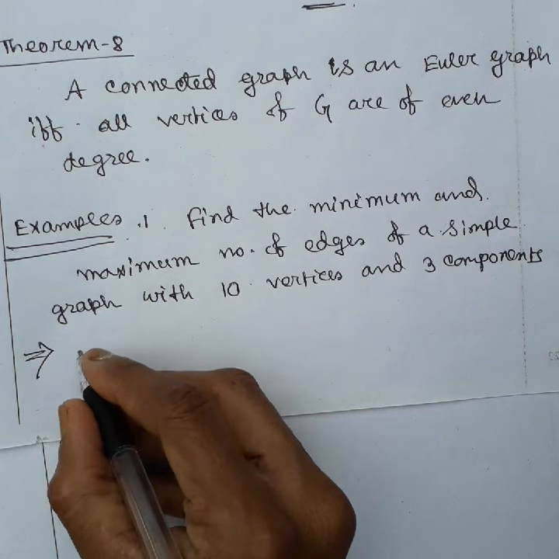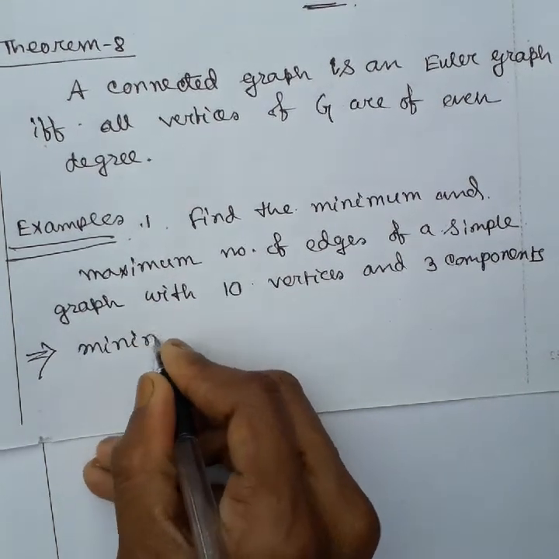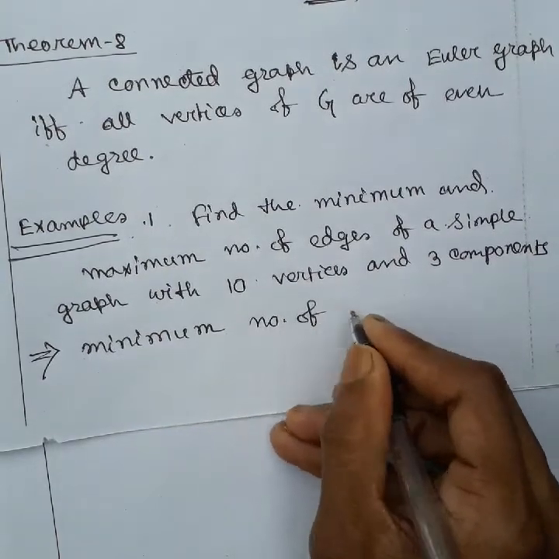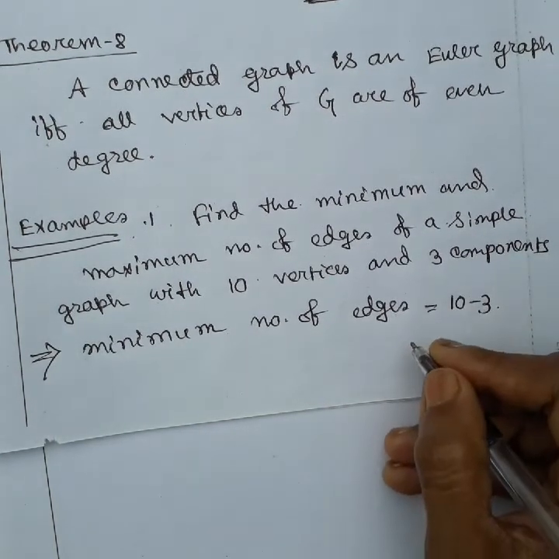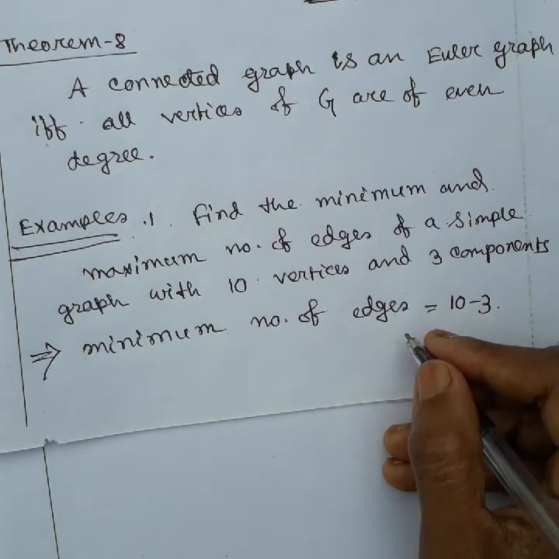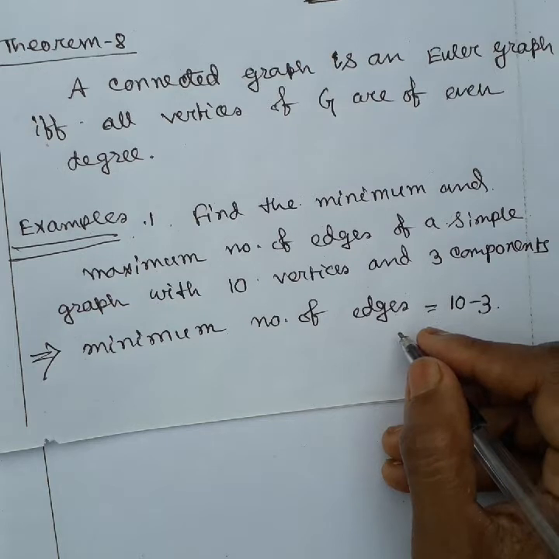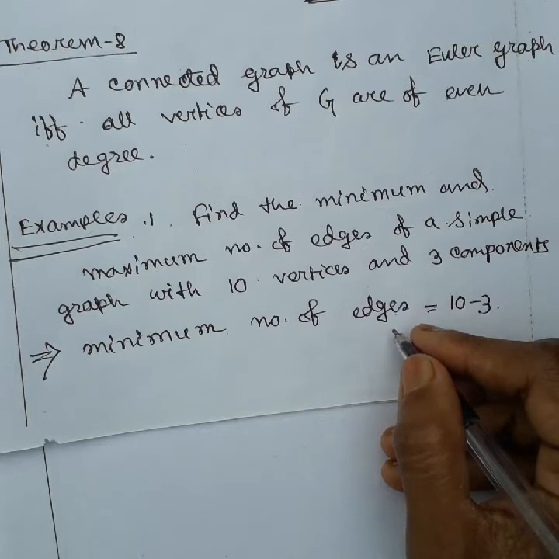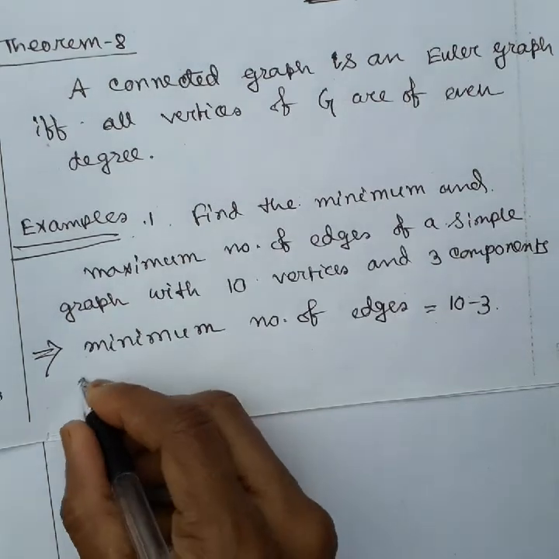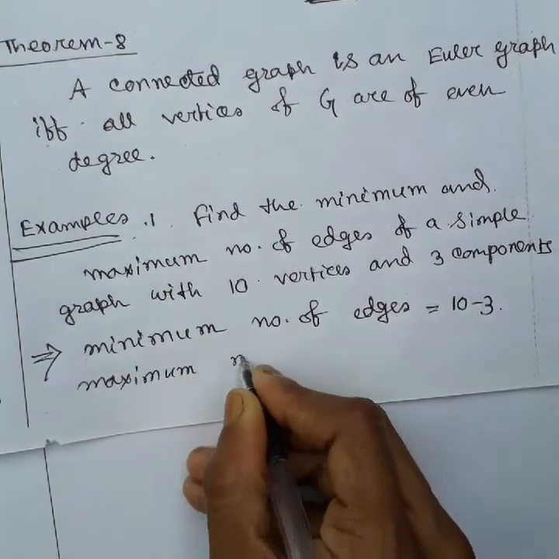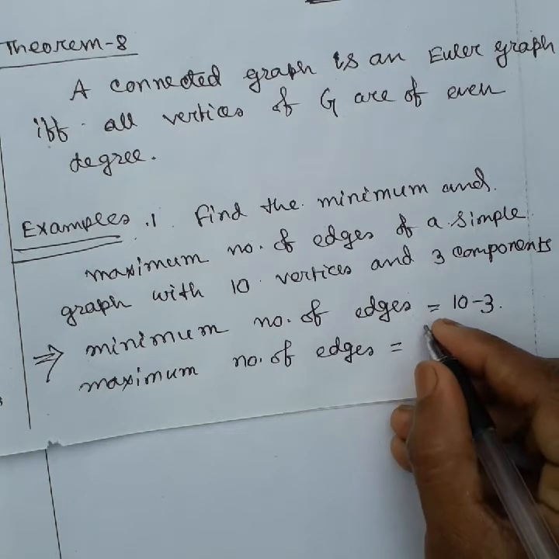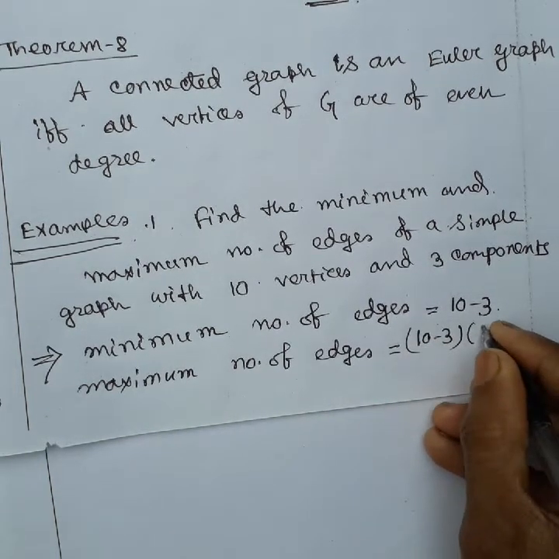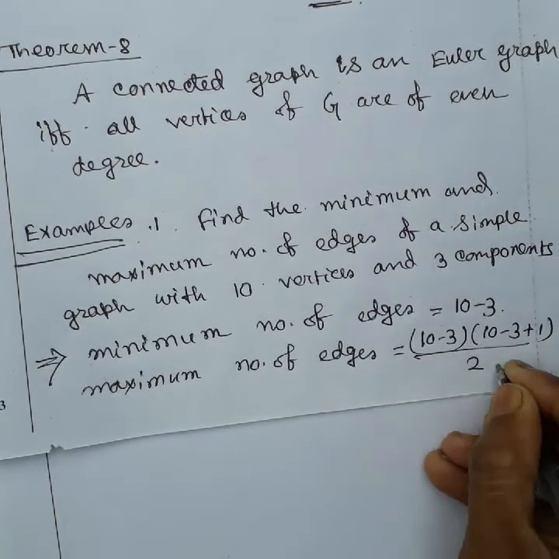So minimum number of edges is n minus k, that is 10 minus 3, and maximum number of edges is, from the previous theorem, 10 minus 3 into 10 minus 3 plus 1 by 2.